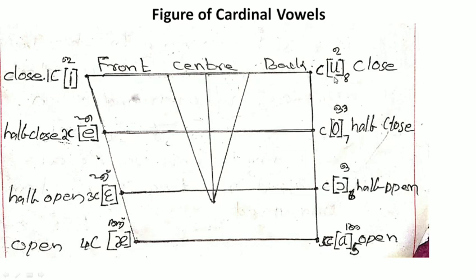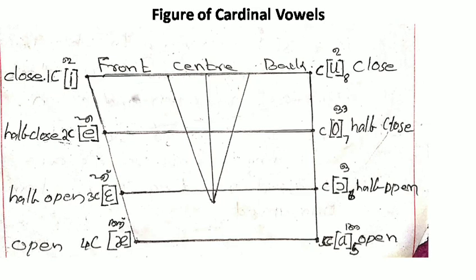First cardinal vowel E comes as a front close cardinal vowel. Second comes as front half close cardinal vowel. Third comes as front half open cardinal vowel. Fourth is A, front open cardinal vowel.